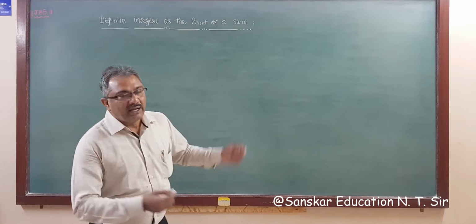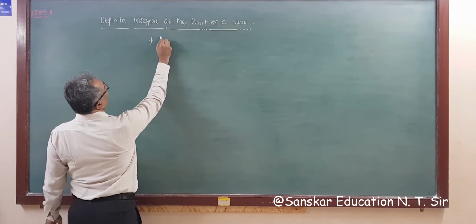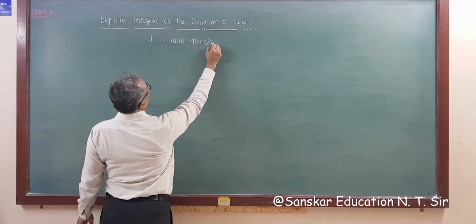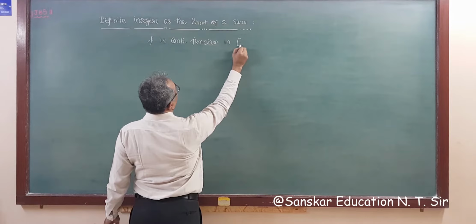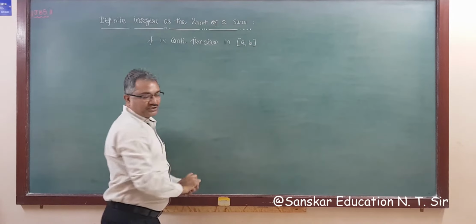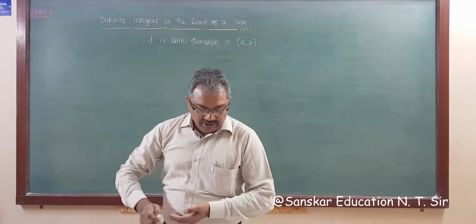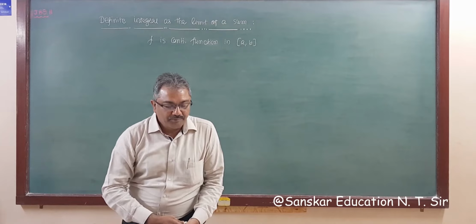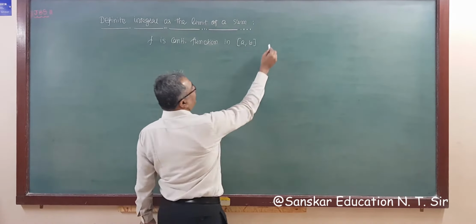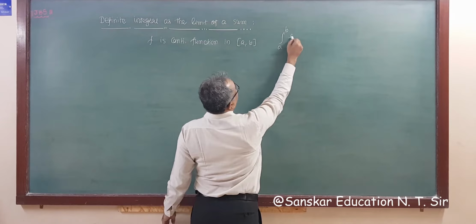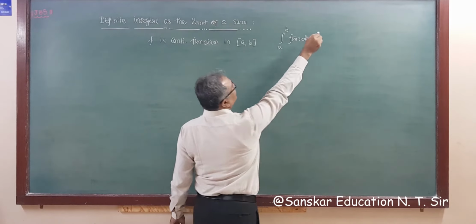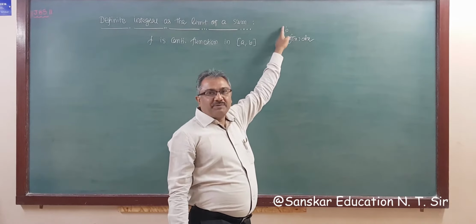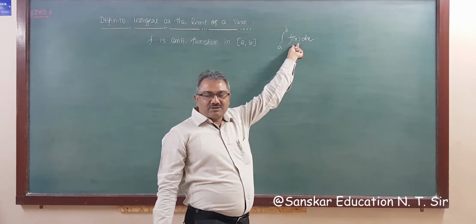Suppose f is a continuous function in closed interval AB, right. So definite integration means integration a to b f(x) dx, where a is the lower limit, b is the upper limit, and f(x) is the function whose value you have to find.